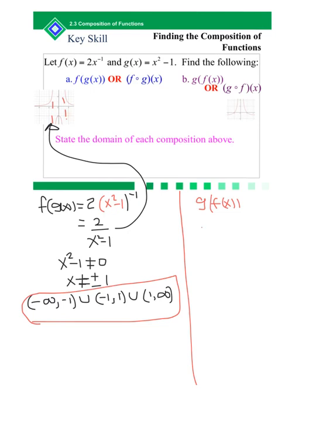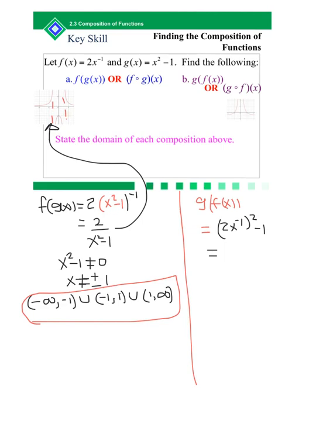So I take the g function. Instead of x squared, I'm going to plug in 2x - 1, and see, I'm taking the g function and all this squared - 1, and I could simplify this.